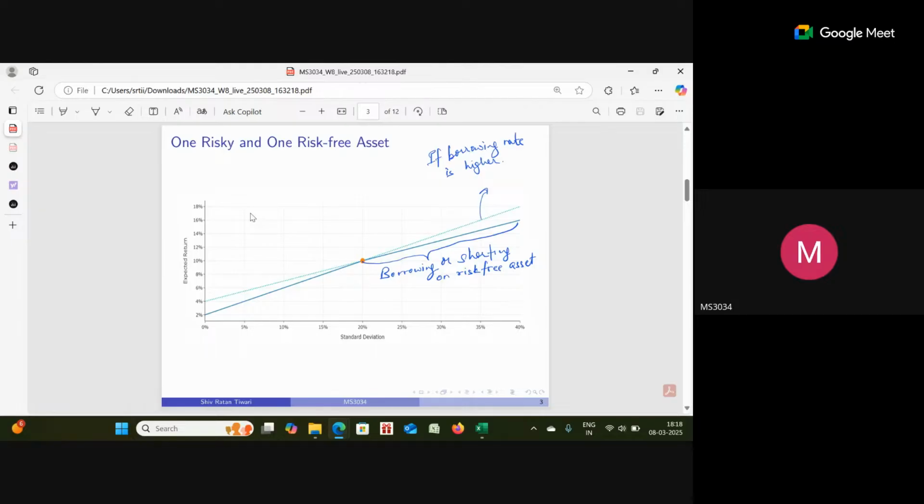So if you draw your indifference curves in this plane also, you will find one such case where this capital allocation line is tangent to your budget constraint, and that will be your optimal allocation in this one risky and one risk free asset case. We will look at this again later in portfolio theory in today's discussion only. Okay, this was the case of one risky and one risk free asset.